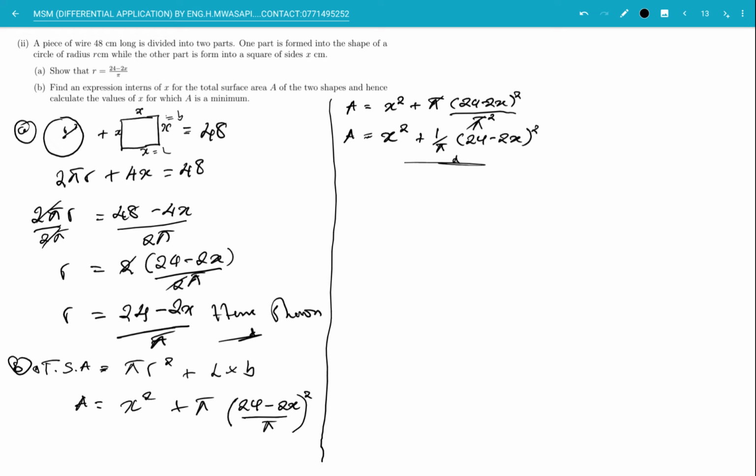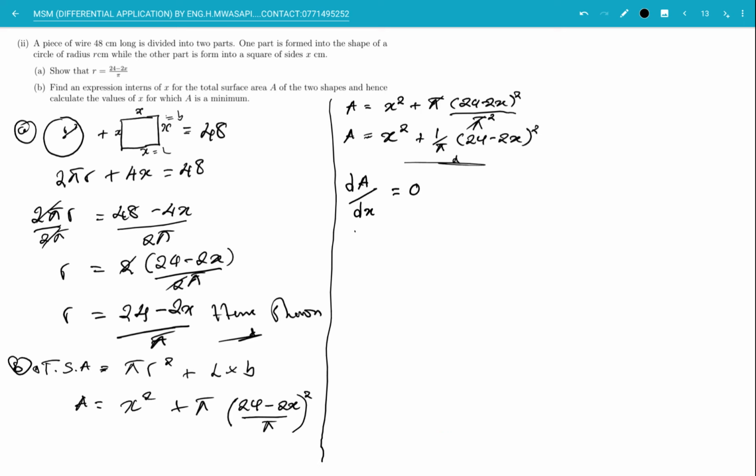So when we look at where we're coming from, we've been told, and we all know, that to maximize or to minimize the surface area of a shape or an enclosed surface, dA/dx should be equated to 0.